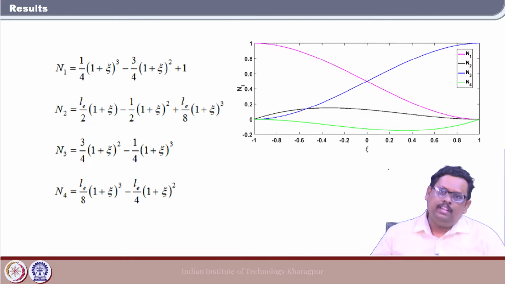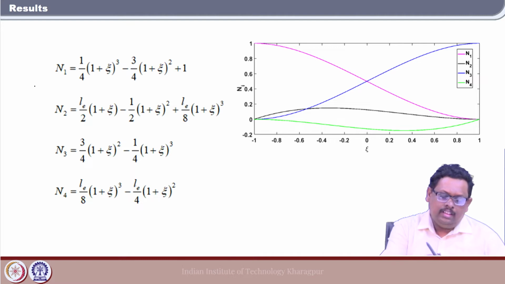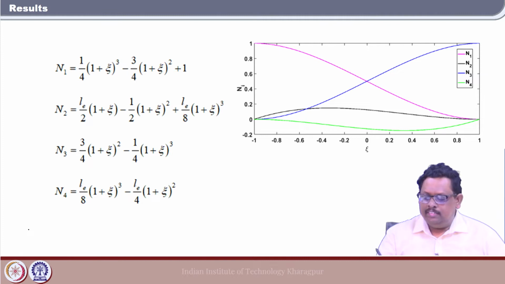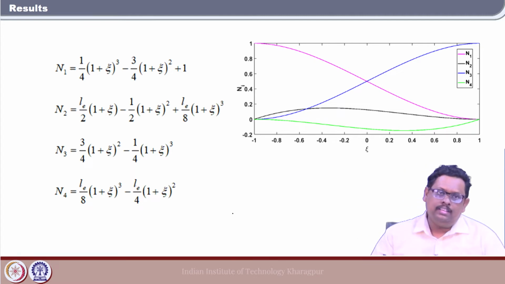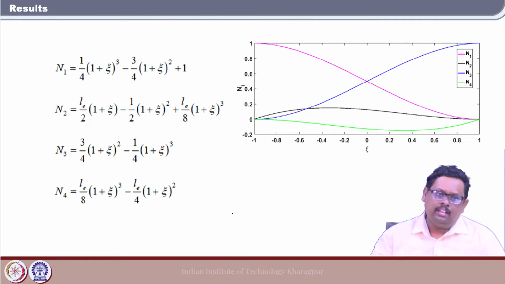Now, if you remember, in the last class we stopped at the point where we defined how to get the shape function. Looking at this expression, you may be confused because it is defined from -1 to +1, but let us not bother about this. This is actually the representation of the local coordinate system. I am just going to show you how a cubic polynomial looks and how the shape functions look.